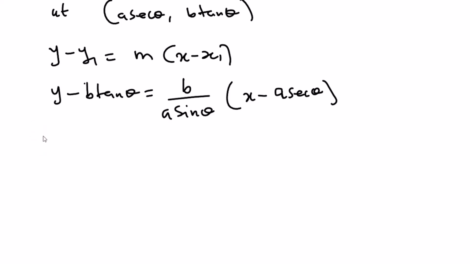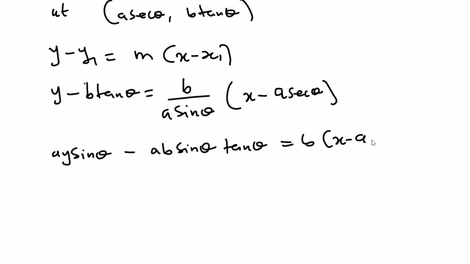Okay, so to get rid of the fraction, we can multiply by a sine theta, and this is going to give us ay sine theta minus ab sine theta tan theta being equal to b multiplying x minus a sec theta.